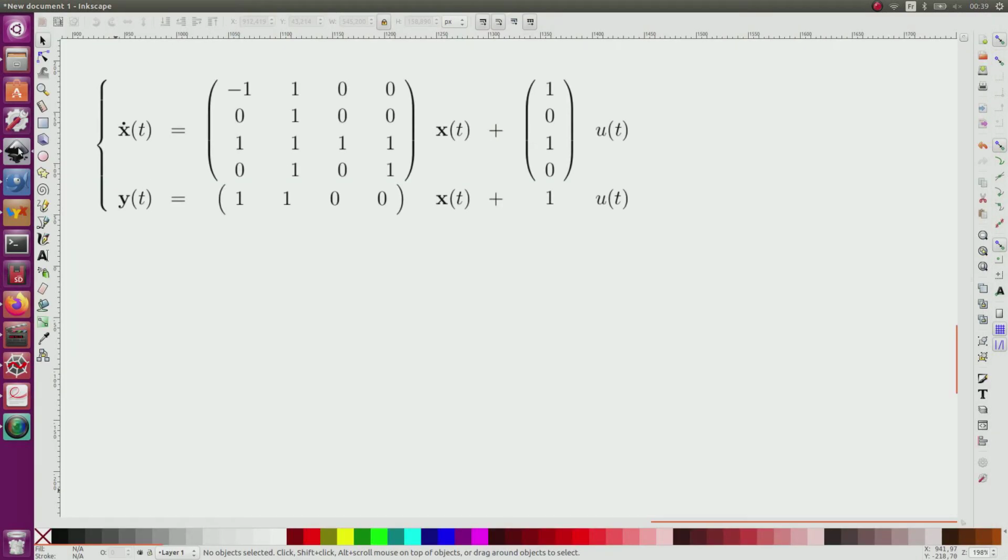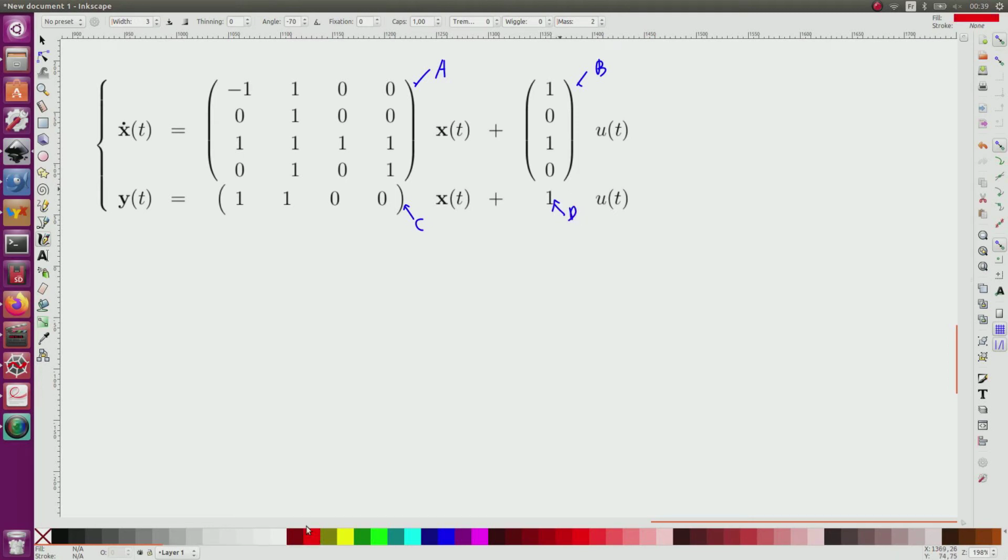This system is given here, and we have the matrices A, control matrix B, observation matrix C, and here the direct matrix.